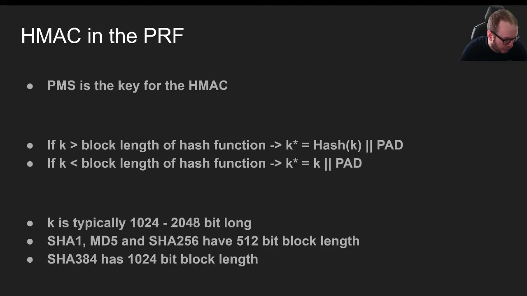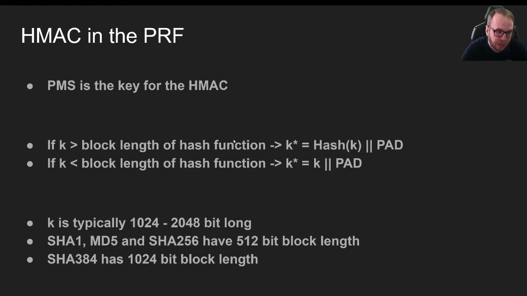In TLS, K is typically 1024 to 2048 bits long, because your modulus size is 1024 to 2048. SHA-1, MD5, and SHA-256 all have a 512-bit block length. So in those cases, you're always in the top case where K is bigger than the block length of the hash function.